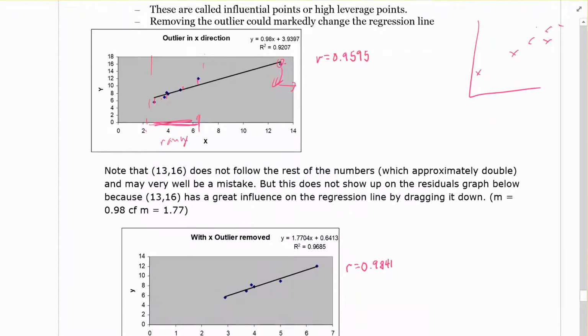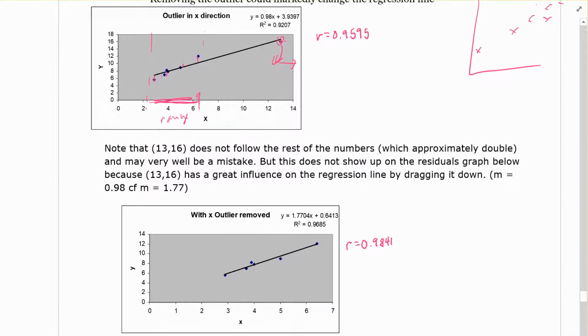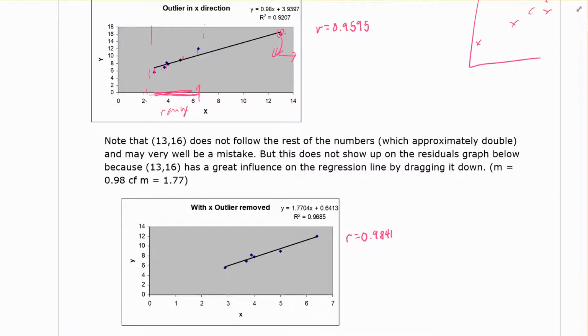So if we look at how that graph would be without the outlier, pulling it out, take a look at the difference in the equation here. I've gone from a gradient originally of just less than 1, 0.98, to a gradient of 0.177. So remember, this first equation says for every increase in 1x, there would be an increase in 0.98y.